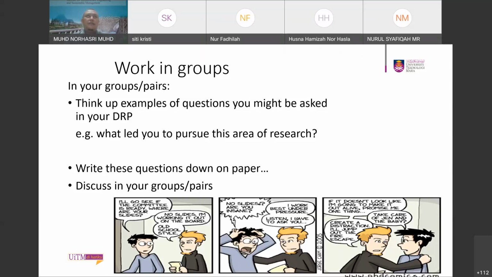It's a coffee talk between you and your supervisors, your friends, your seniors, and you just discuss your topics during a coffee break or lunch session. From there, ask questions of one another, and maybe some of your friends or seniors can respond during the discussion.